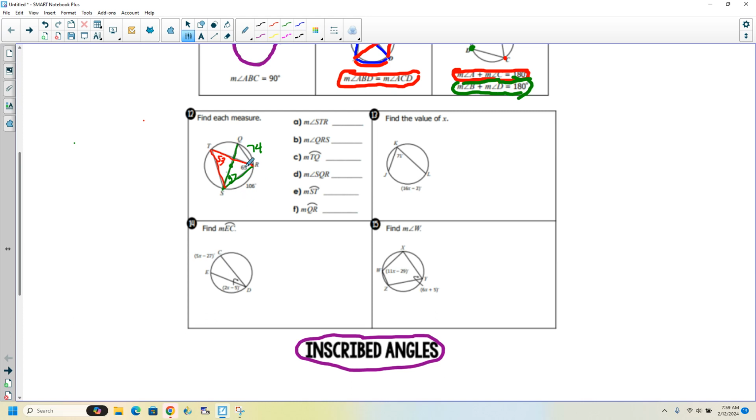And let's see, if that's 65, if I trace that one out, that arc would have to be twice 65, so that would have to be 130.